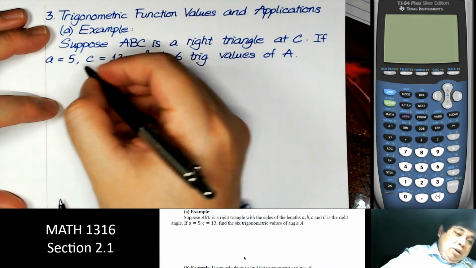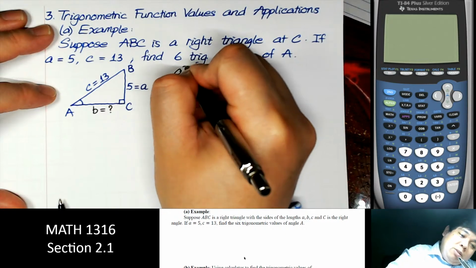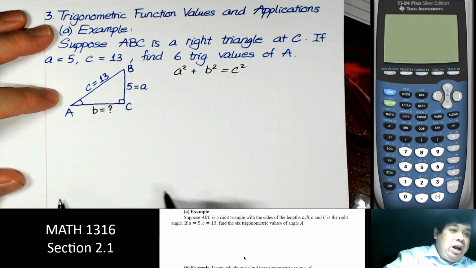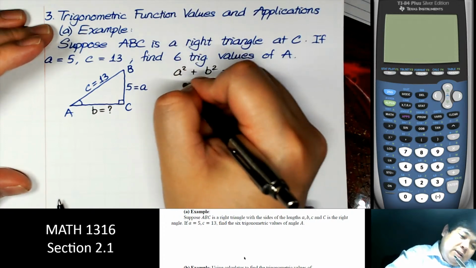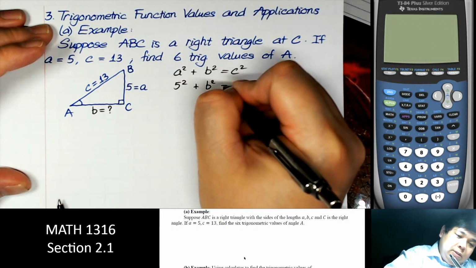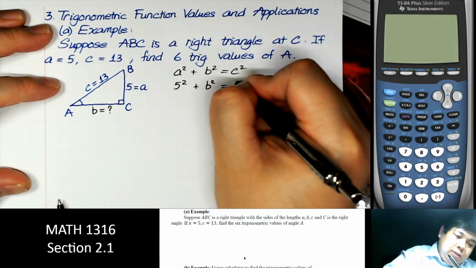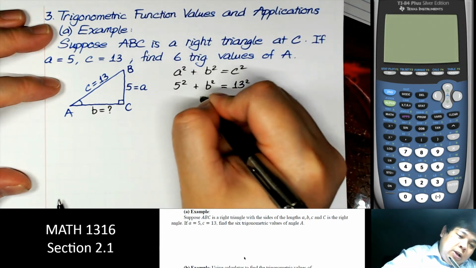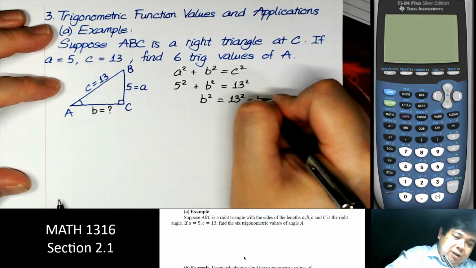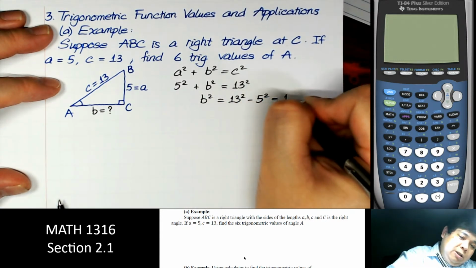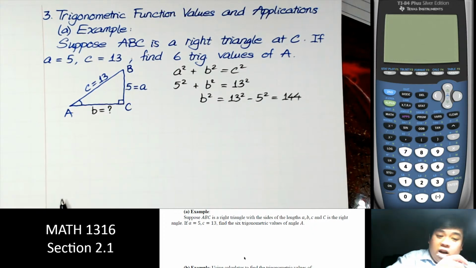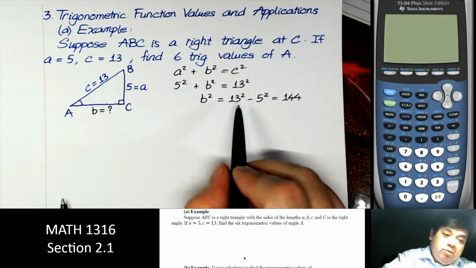So Pythagorean theorem, a squared plus b squared equals c squared, where c is the hypotenuse opposite the right angle. So we solve for b squared. 13 squared is 169, 5 squared is 25.